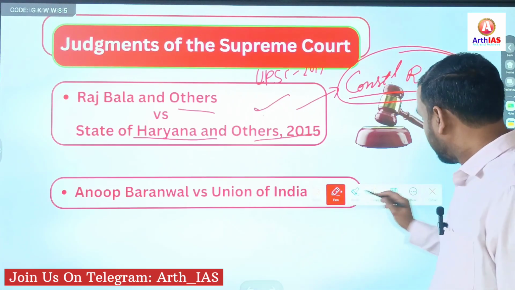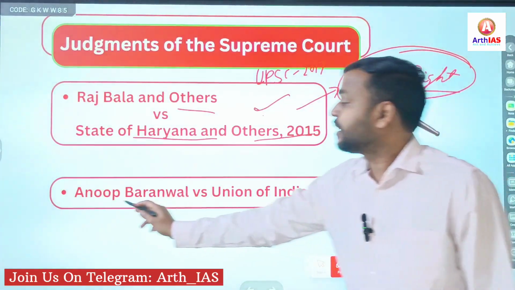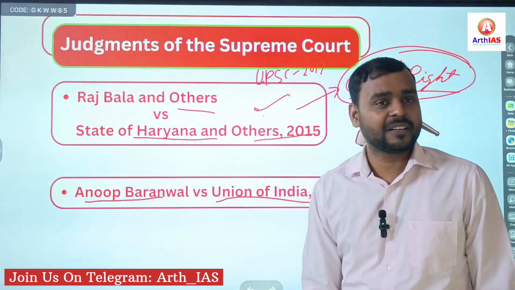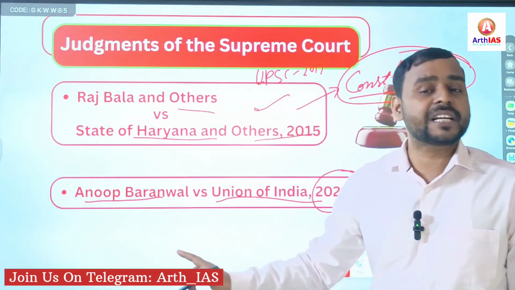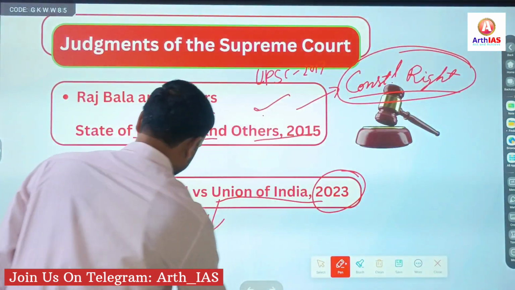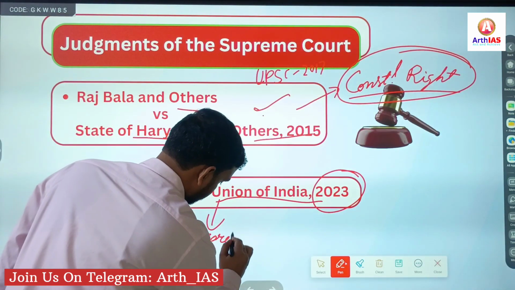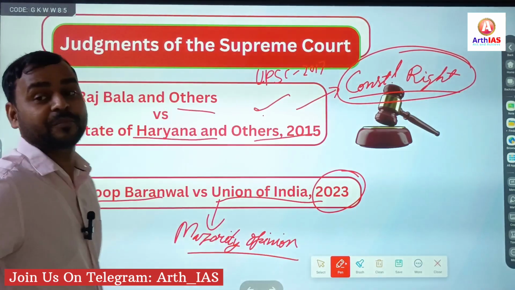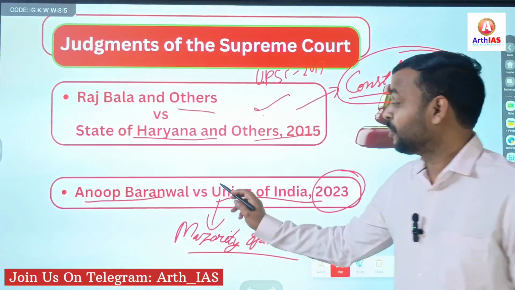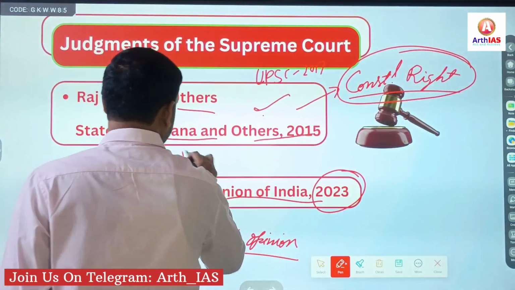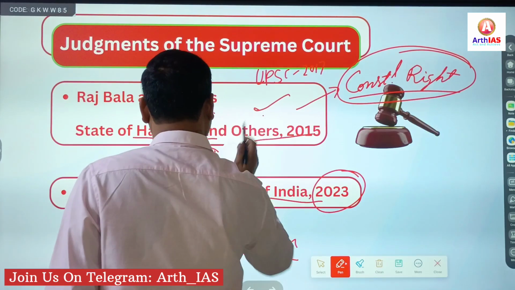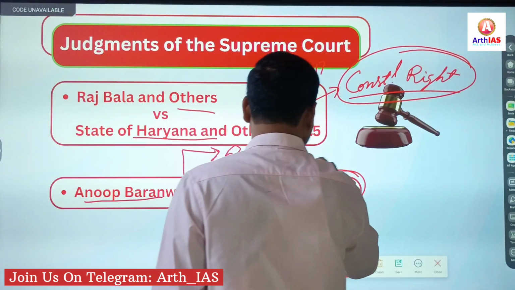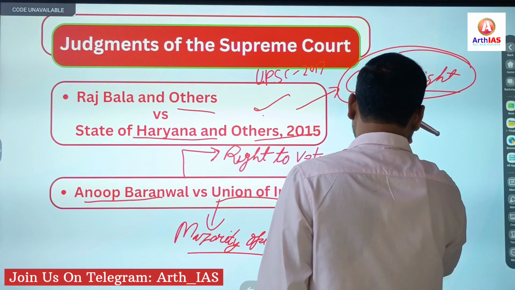So that is another reason UPSC considered the right to vote a constitutional right. Clear? Now, the most recent judgment regarding the right to vote, which is very important, is Anoop Baranwal versus Union of India, 2023. Again, in this case, the majority opinion of the Supreme Court judges upheld that the right to vote is a statutory right.